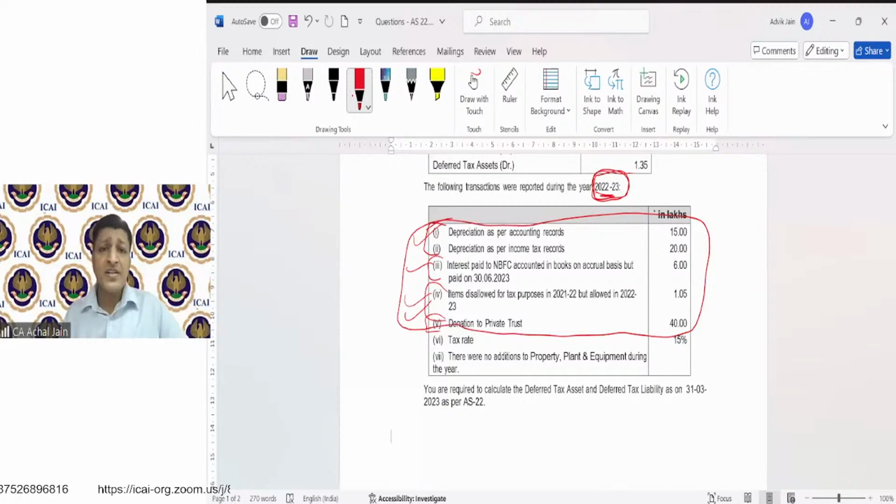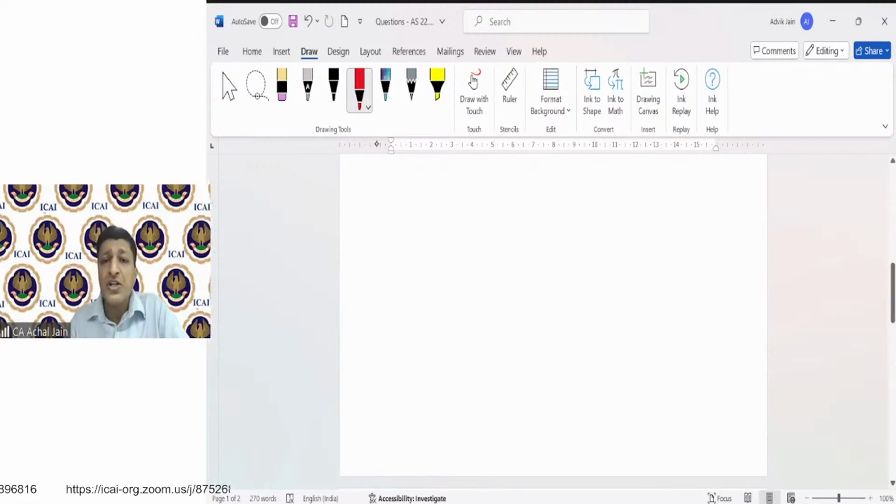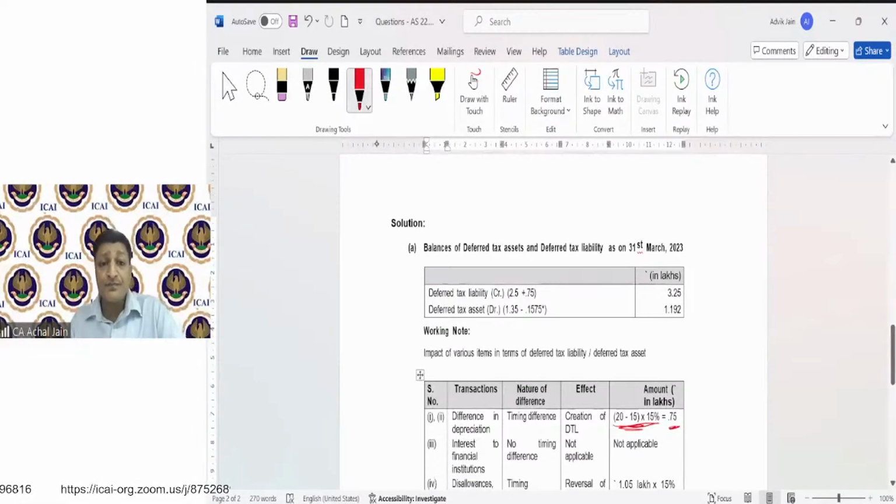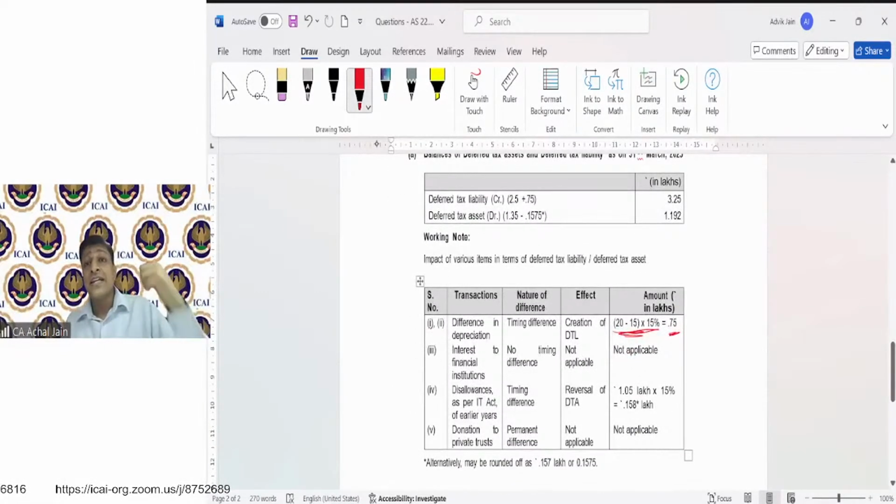Now let's try to understand this. As per books, depreciation is 15 lakhs, and as per tax, depreciation is 20 lakhs. That means income tax has allowed more depreciation in the current year.